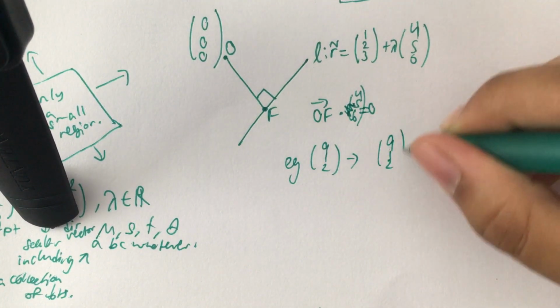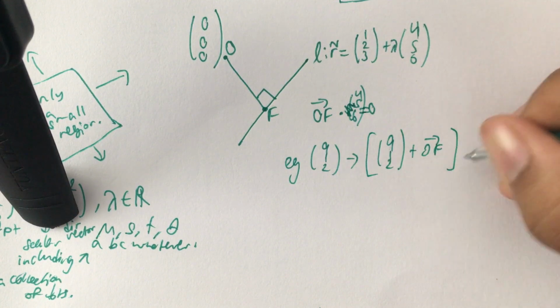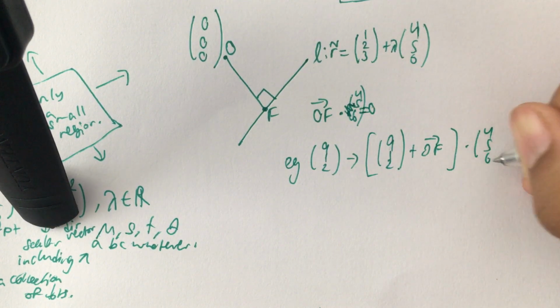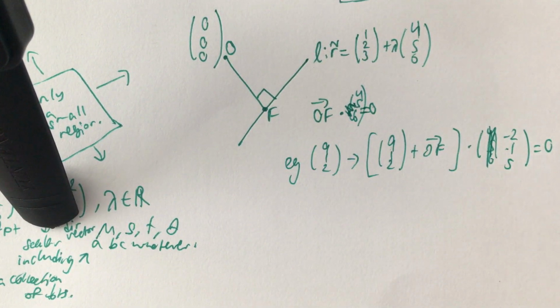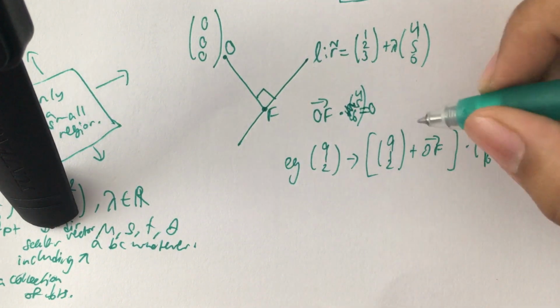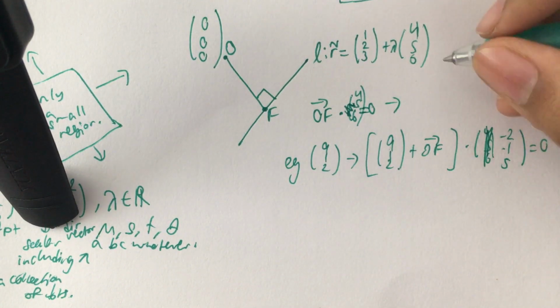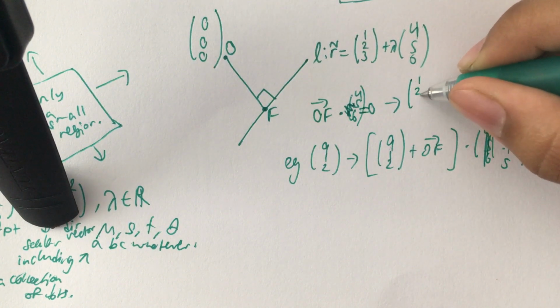So OF dot the line that you have is equal to 0. Since you know what the line's vector is, the only unknown you have there is the mu or the lambda or whatever. So just add those two equations together. Like how we write x equals 1 plus 2 lambda, you write the vector as 1 plus 2 lambda.